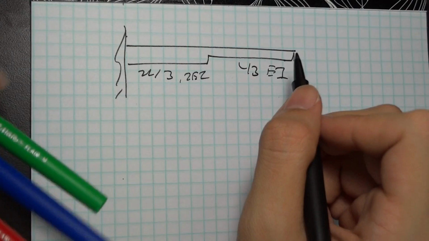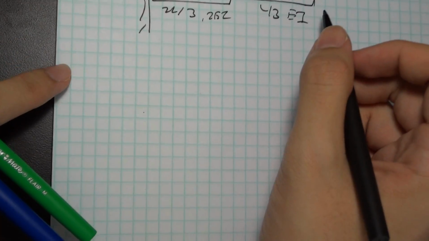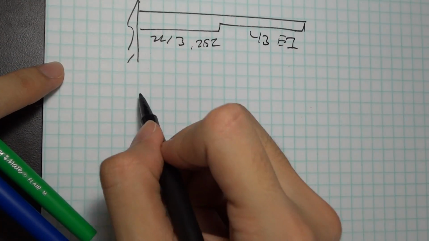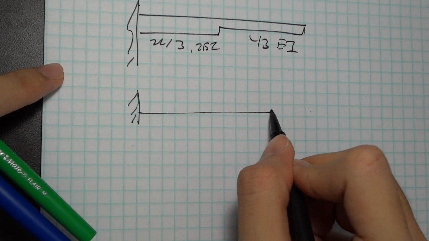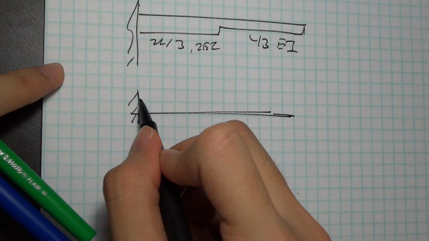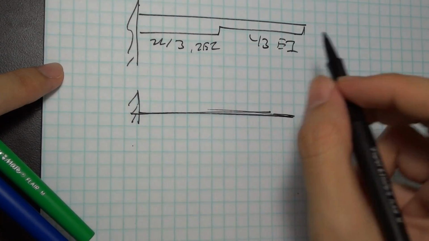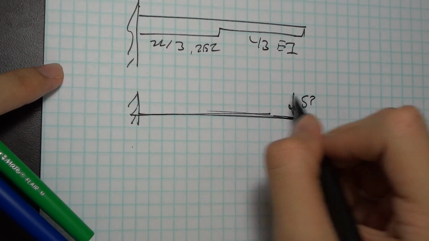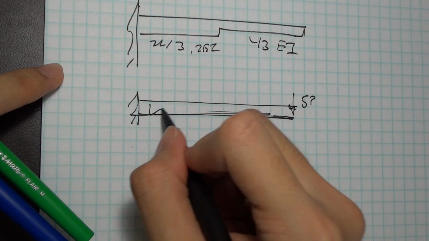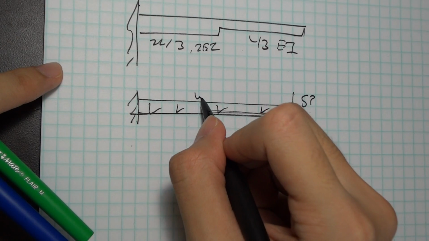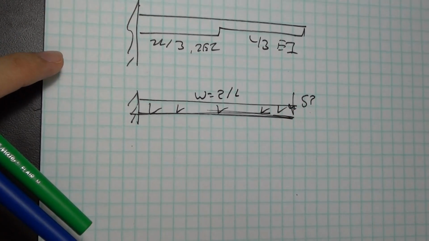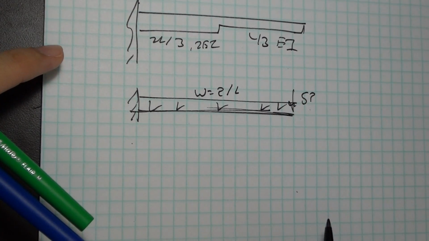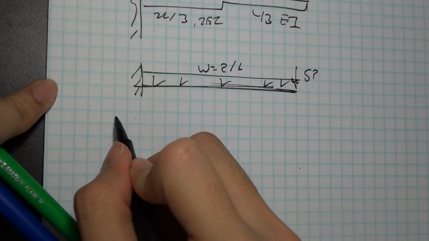Okay, so step one is ignore this. Step one is just look at this. You want to find two moment equations for delta.